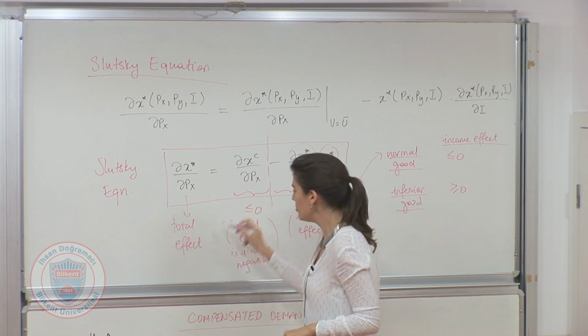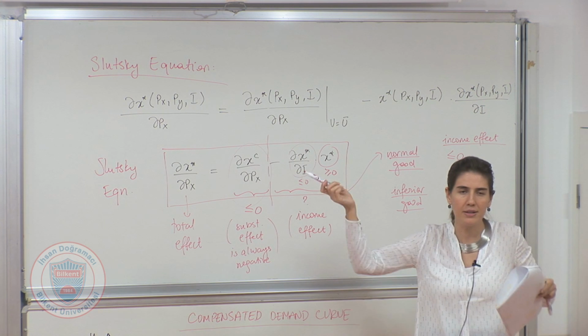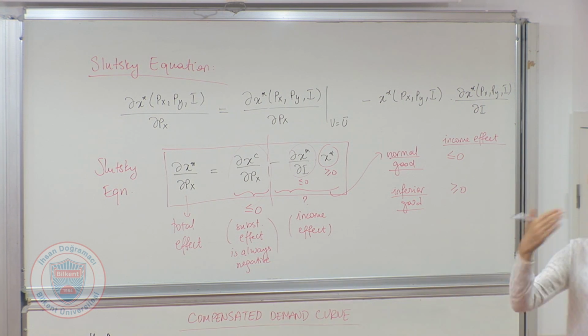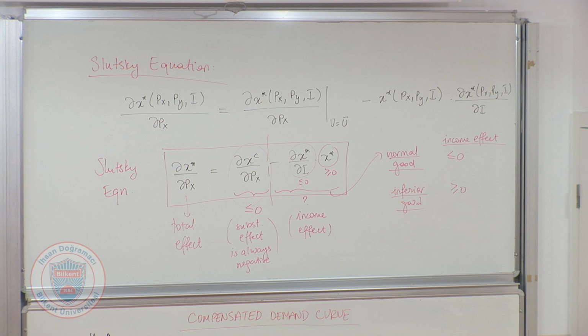You see, in the compensated demand curve, you only have the substitution effect, but in the ordinary demand curve, you have both of these, okay? So basically that is the case. Is this clear, right?